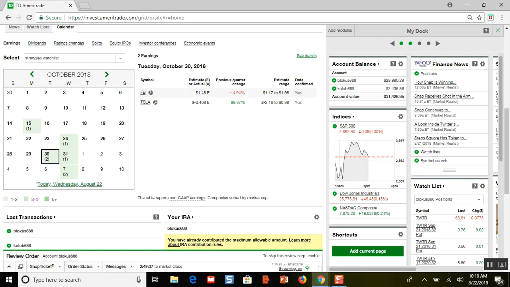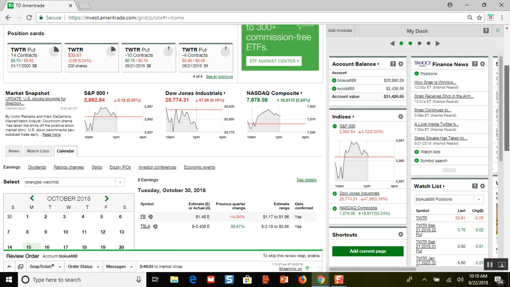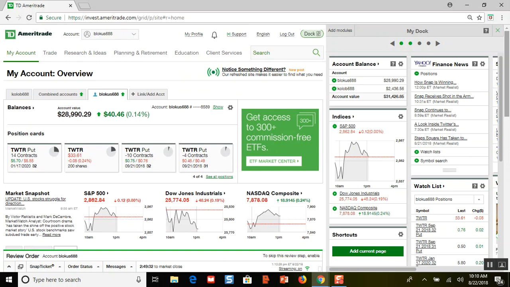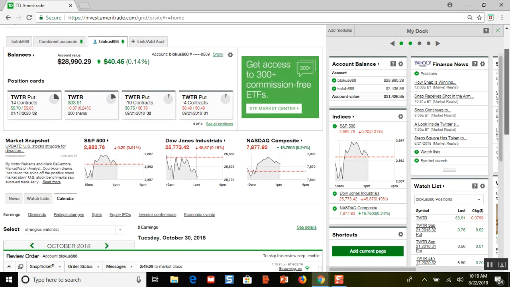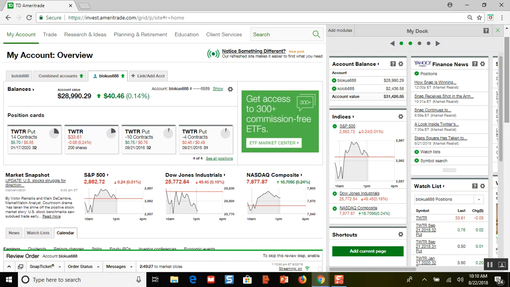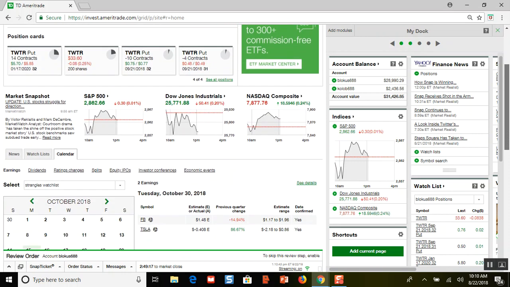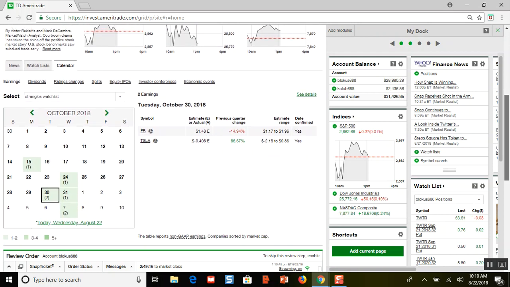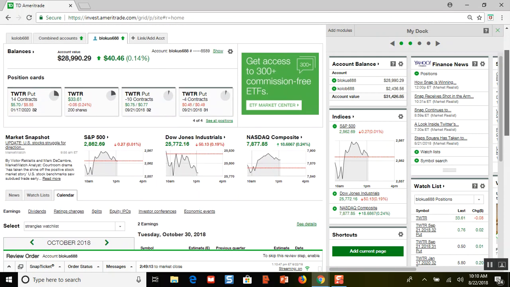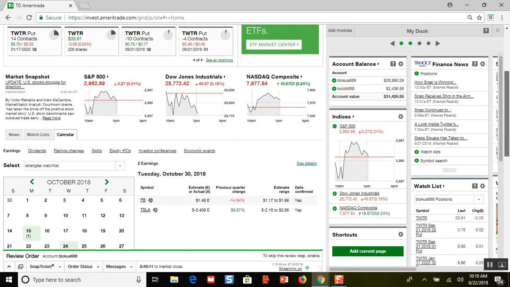So that's an idea for you that you can use if you want to make some money buying and selling calls and puts on a stock that you think is going to go up or down. You're not sure which way it's going to go, but you are sure that it is going to move. And when earnings comes out on a stock, that's a pretty good indication that the stock's going to move. Because if the earnings are good, it exceeds investors' expectations, then the stock is going to go up a lot.